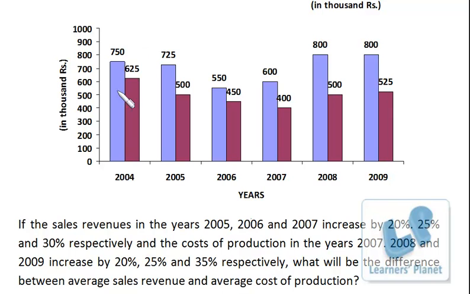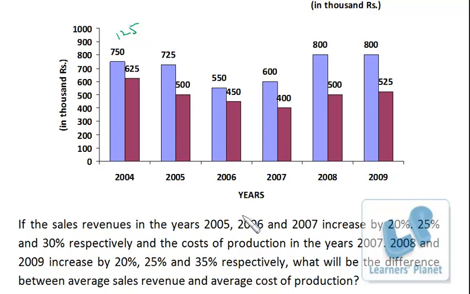Okay, so here in 2004 nothing is to be done. 750 minus 625, it is 125. The difference is 125. In every case sales is more than cost, so the data will be positive only.